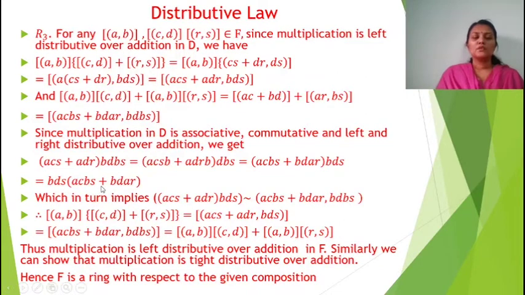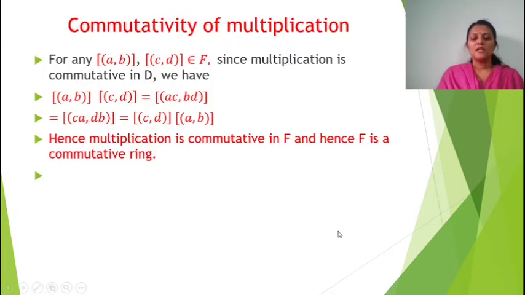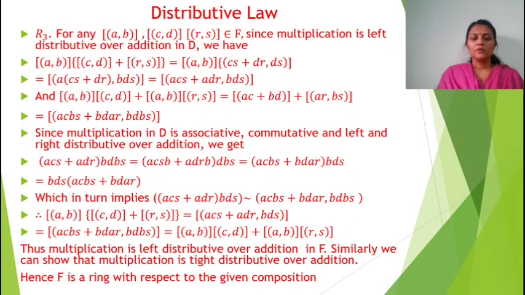Therefore the two formulas, a/b · (c/d + r/s), which is equal to (acs + adr)/(bds), which is equal to (acbs + bdar)/(bdbs), which is equal to a/b · c/d + a/b · r/s. That is, multiplication is left distributive over addition in F. Similarly, we can prove that multiplication is right distributive over addition.